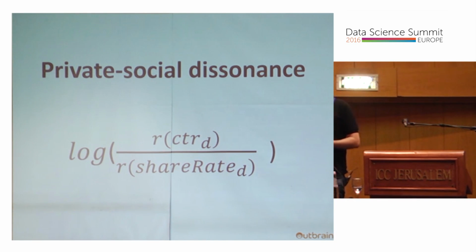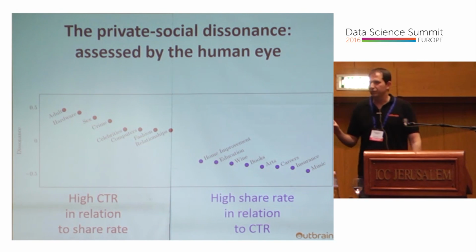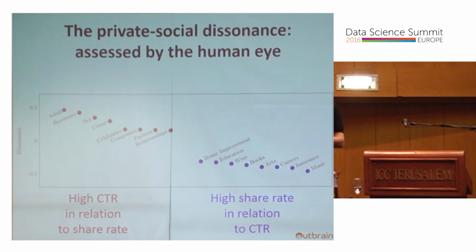So we wanted to see whether for the human eye, it can be very apparent what is that difference between what people share and what people read. So we took all the content categories that we have of articles, and we calculated that dissonance for every article, and we averaged it across the entire network, grouped by category.